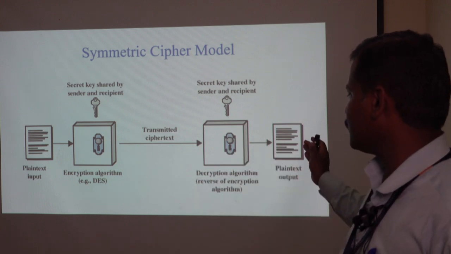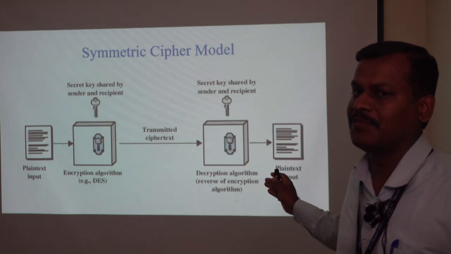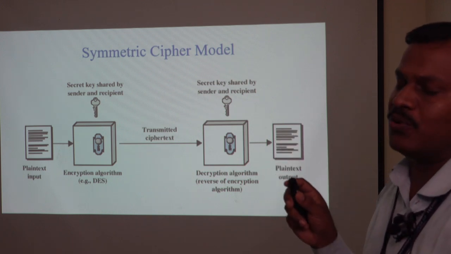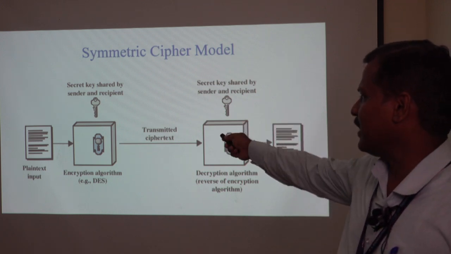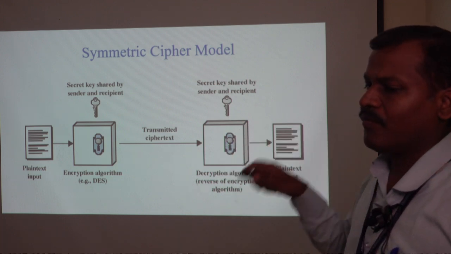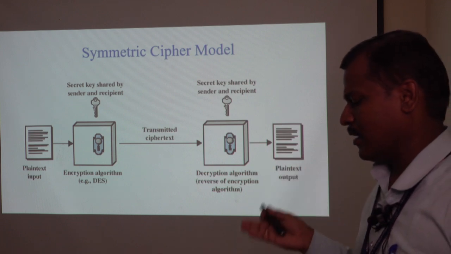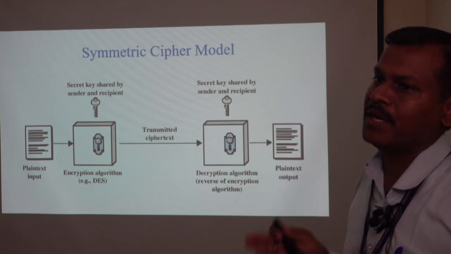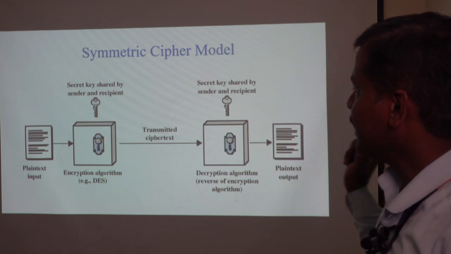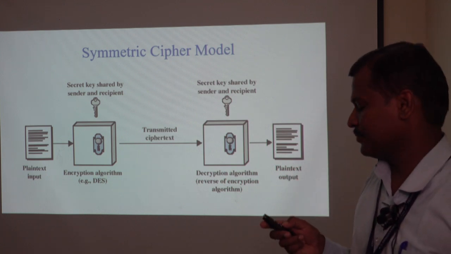On the receiver side, we use the same algorithm for decryption, reducing by 3. The ciphertext data we receive is D. Here we go backward from D: C, B, A. So we receive our original data on the receiver side. That is the symmetrical model. That is the diagram.